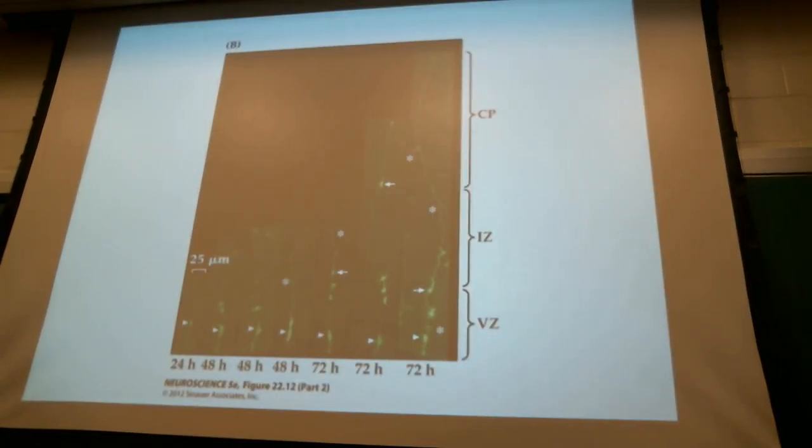So here's a nice image of neurons migrating along the radial glia. The radial glia soma is at the arrowhead, and migrating neurons are shown by the arrow. Like this one, I can see it migrating really nicely.